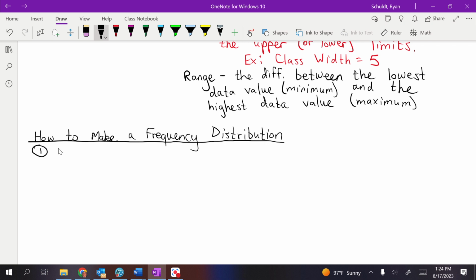We have to determine the number of classes. How many classes do we want to have? Now, this should be between 5 and 20.